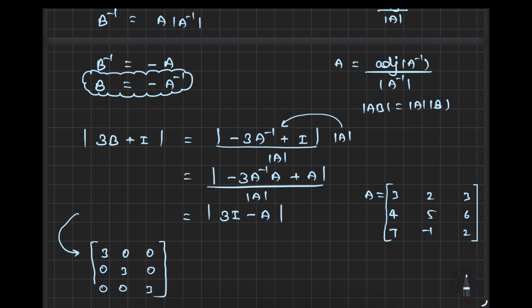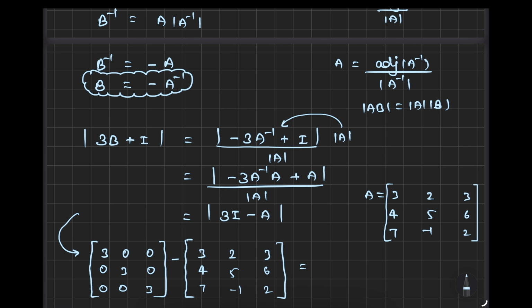We have to slow down our calculation part, because I don't want to make any mistake. Okay, so this is 3 2 3, 4 5 6, 7 minus 1 and 2.